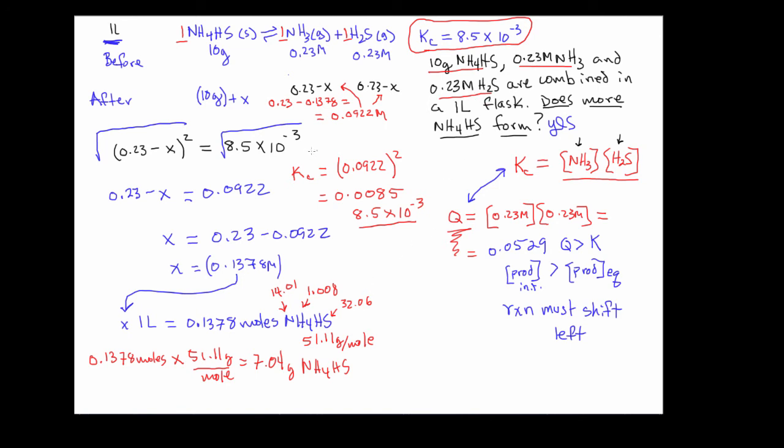Then we used the knowledge of which way the equation was going to shift to set up our ICE, and we solved for the equilibrium concentrations of the components in the reaction, and we also found the mass of new solid formed. All right, and with that, I'm going to go ahead and close this video.